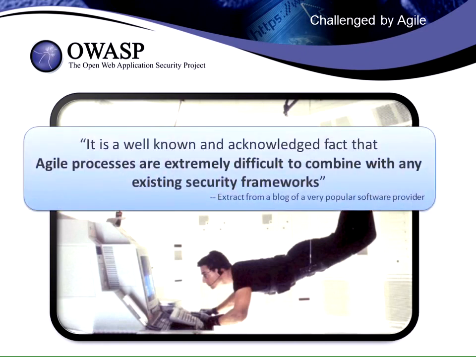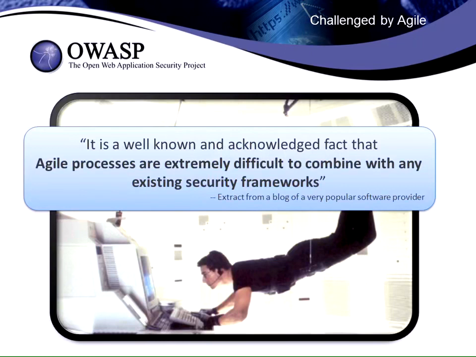Here is an example of a very familiar vendor that published on his website what he thinks about security development lifecycle, and I'm sure that this vendor is used in many companies that are developing day-to-day.